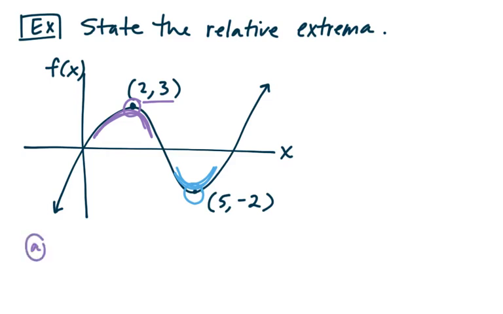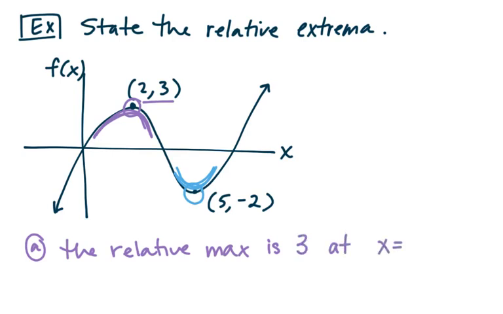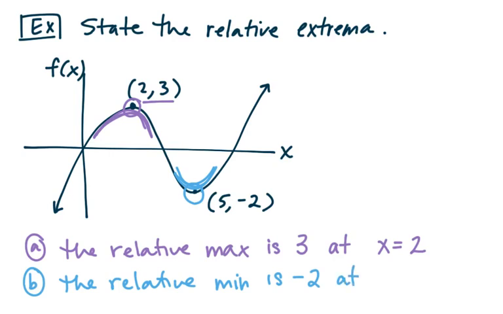If we were to state this as an answer, we would state the relative max. Now remember, the relative max is the y value, so it is 3 at x equals 2. And for the min, we'll state that the relative min is also that y value. So in this case, that would be -2, and that occurs at x equals 5.